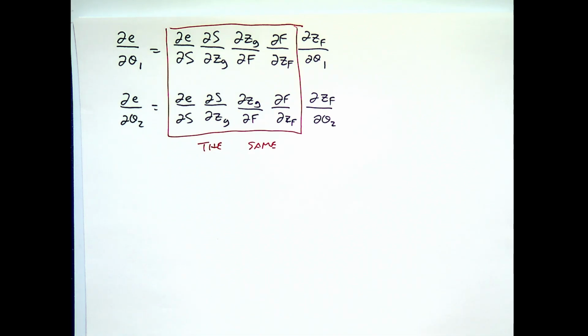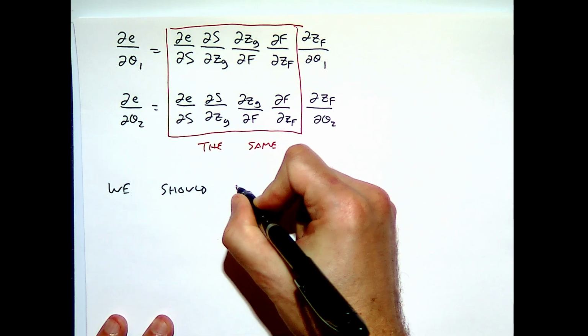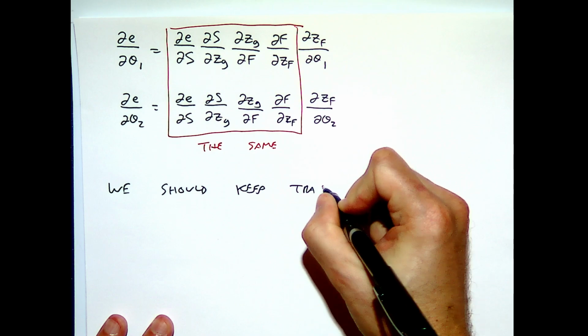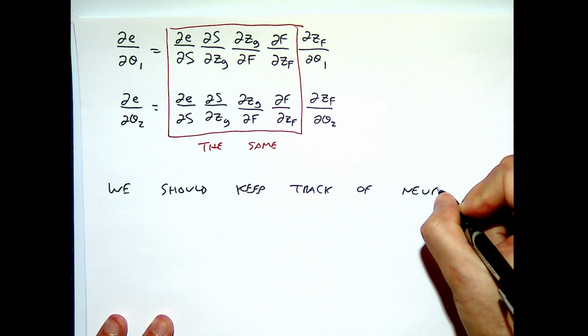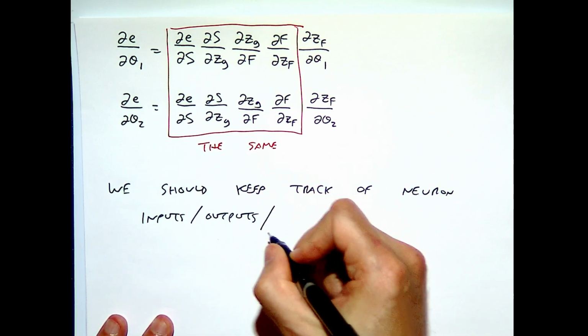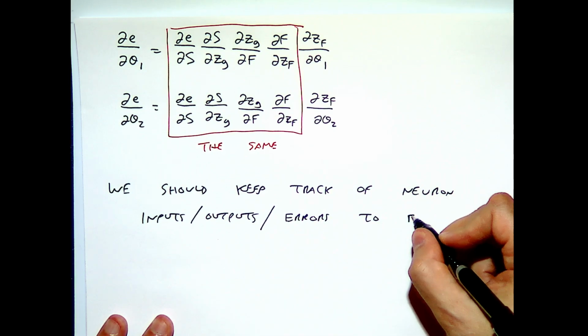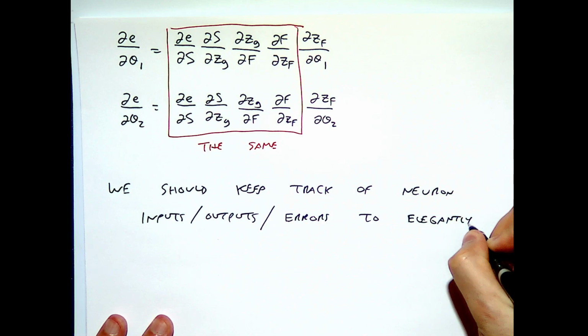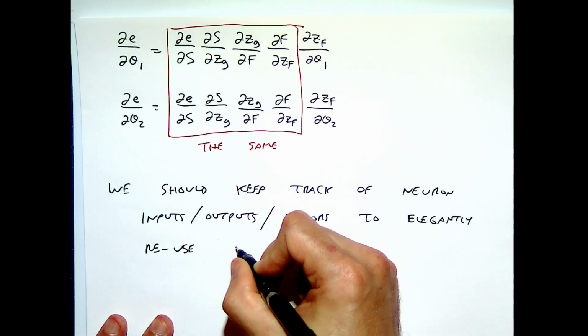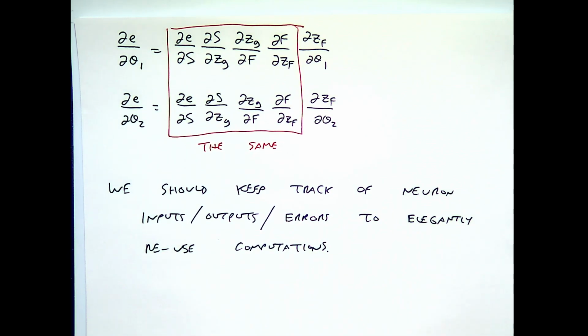And so basically the idea is to do that, right? So we have to keep track of neuron inputs, outputs, and errors to elegantly reuse computations, right?